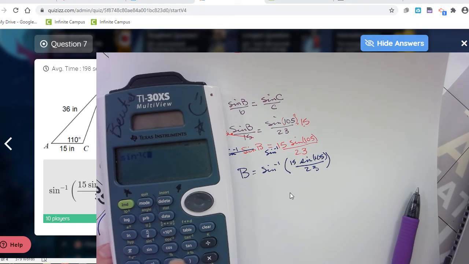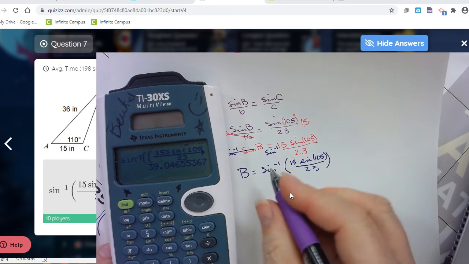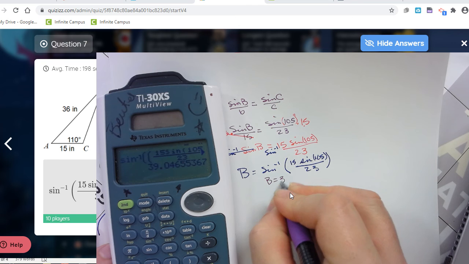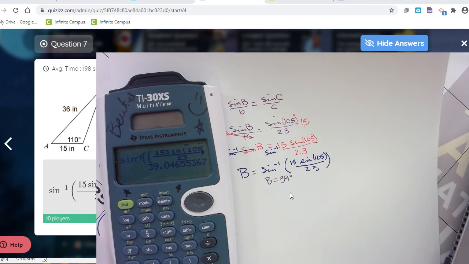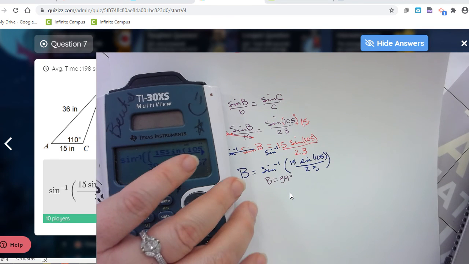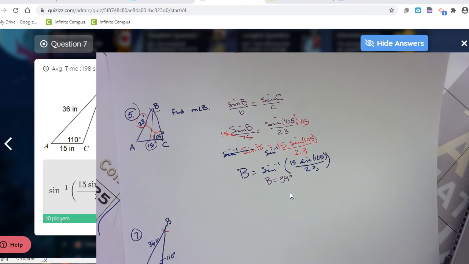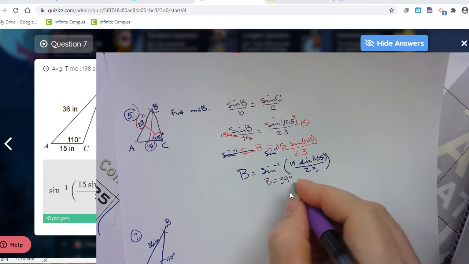Second sine, parentheses, n over d, 15 sine 105 over 23, arrow over and close parentheses, and I think I hit 2 parentheses by accident. I just want to close them. So 39 is my answer. B equals 39 degrees, 39.05.